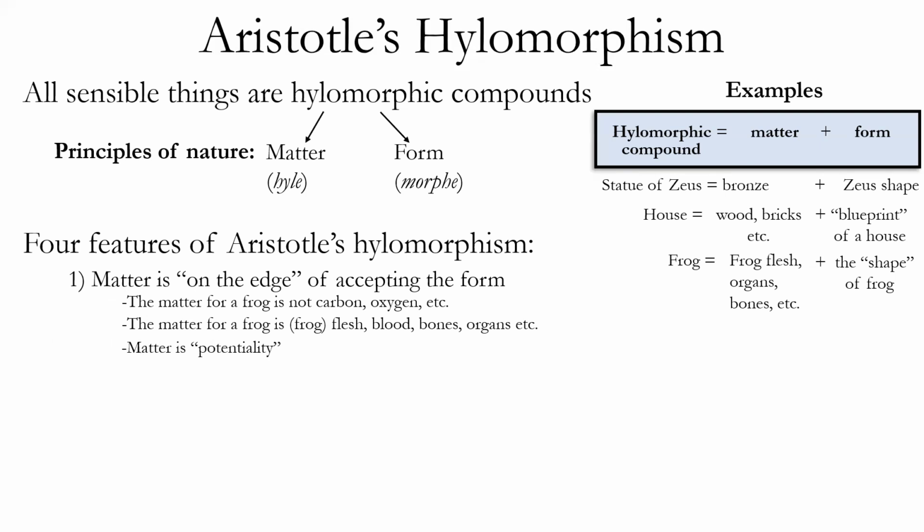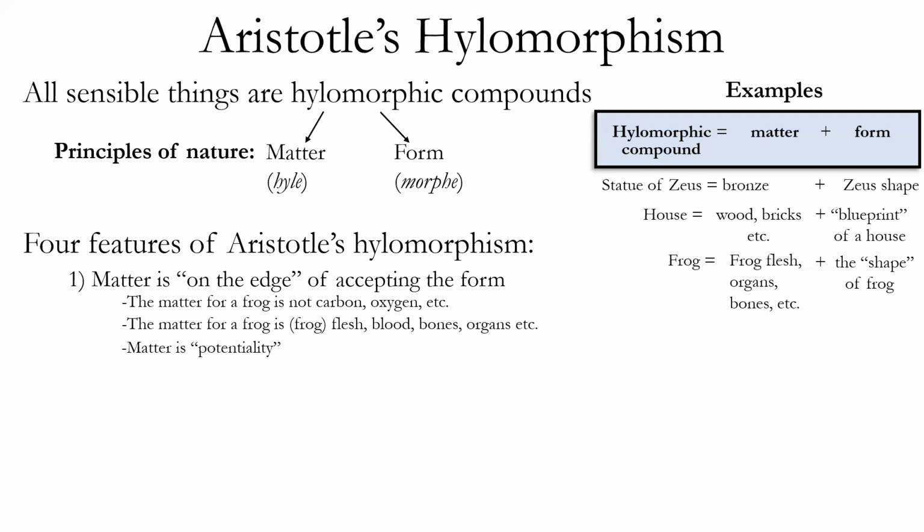One implication of this idea is that, according to Aristotle, matter is to be identified with potentiality. The matter for a thing is what is immediately, potentially that thing. The matter for a frog is what is potentially a frog.